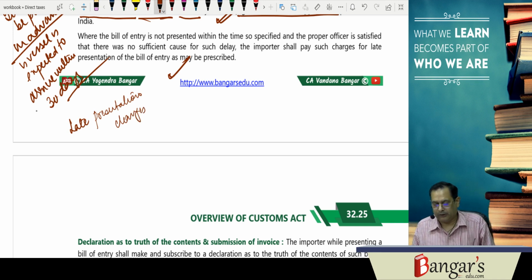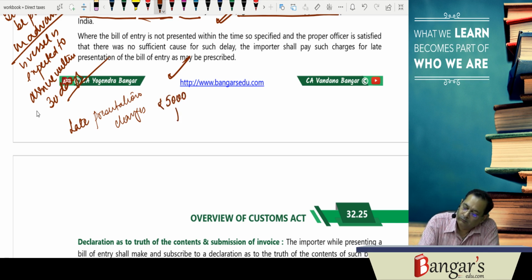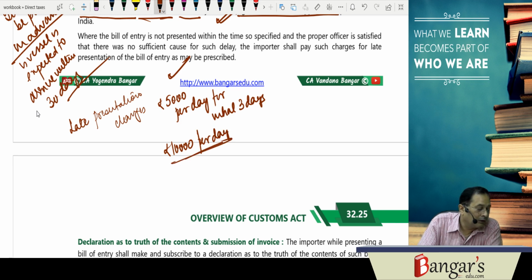The late presentation charges are, say, rupees 5,000 per day for initial 3 days, then it will be 10,000 per day subsequently.